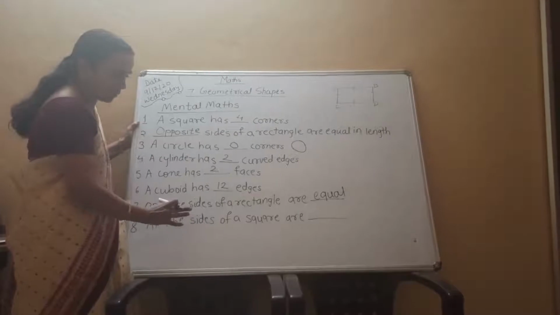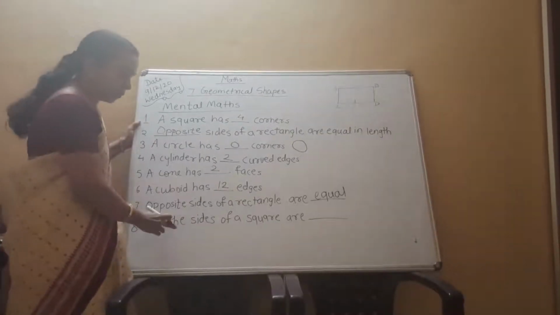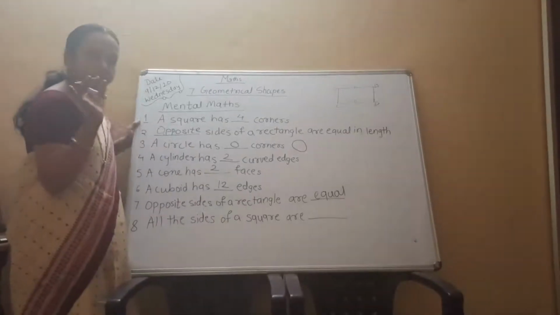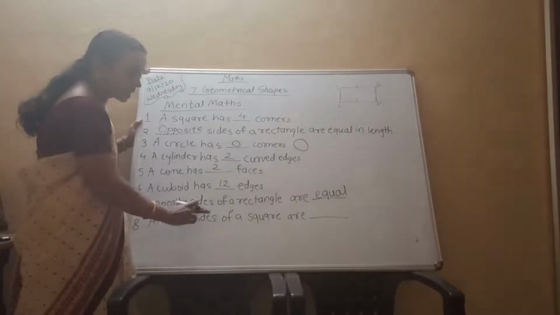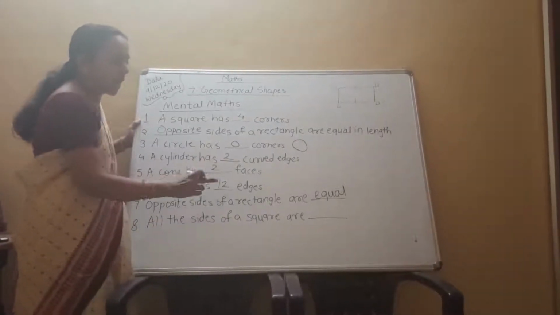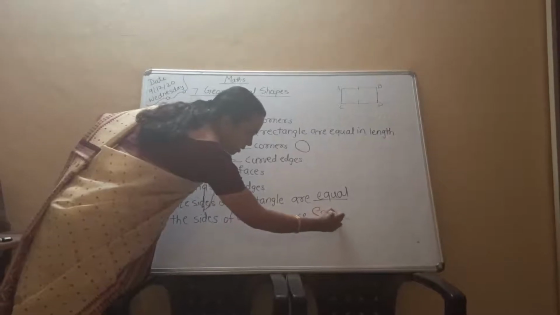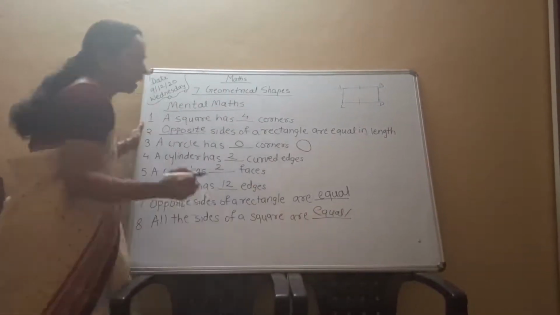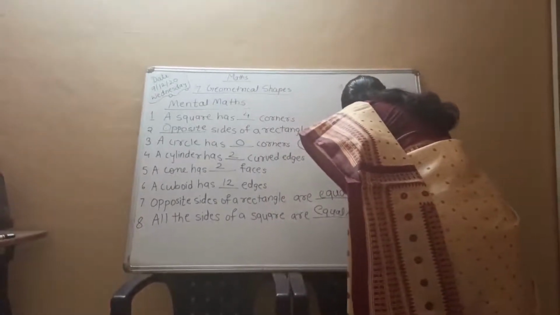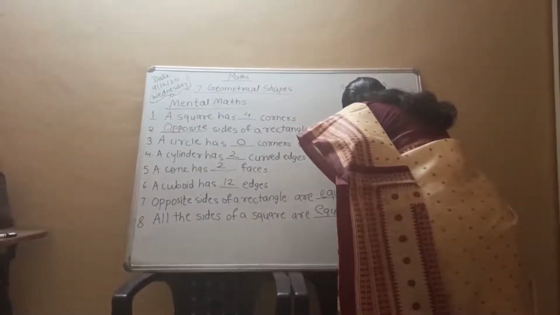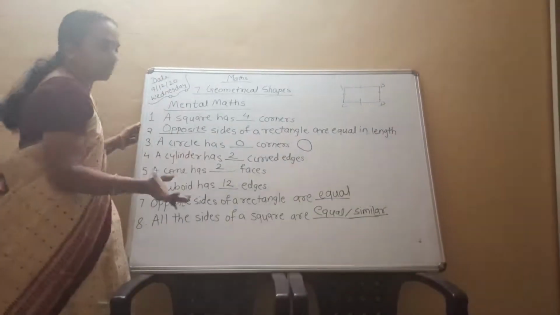See, the definition of square is total 4 sides of a square are of similar length. Means we can say that all the sides of a square are equal in length. Or we can write here similar also. Equal and similar meaning is one and the same.